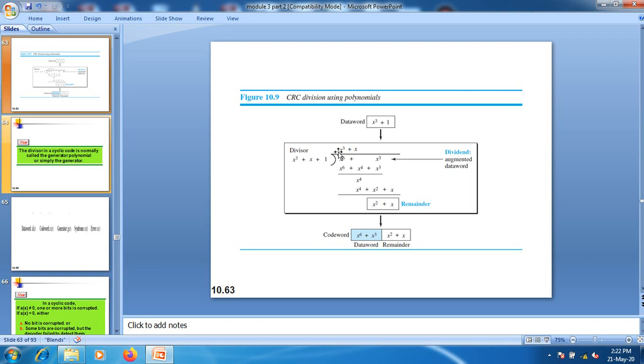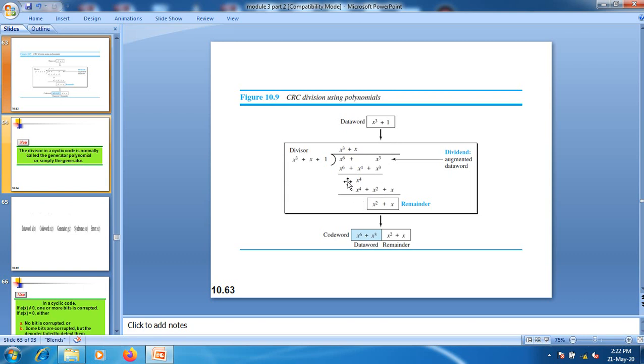The remaining terms are multiplied with this first term, giving x to the power 6 plus x to the power 4 plus x cube. Here these identical pairs are cancelled out, x to the power 6 and x to the power 3, and we are left with x to the power 4.